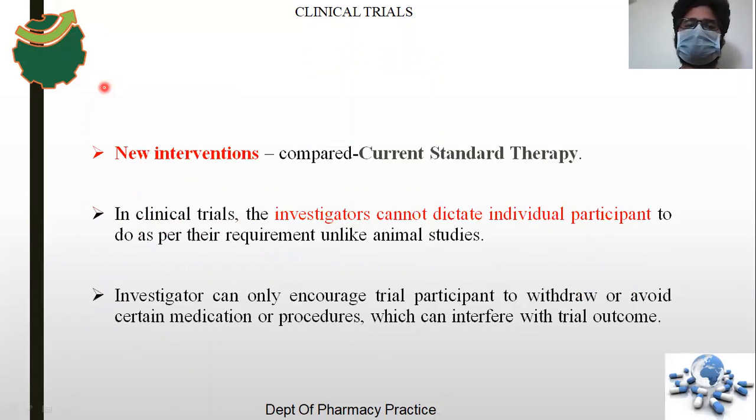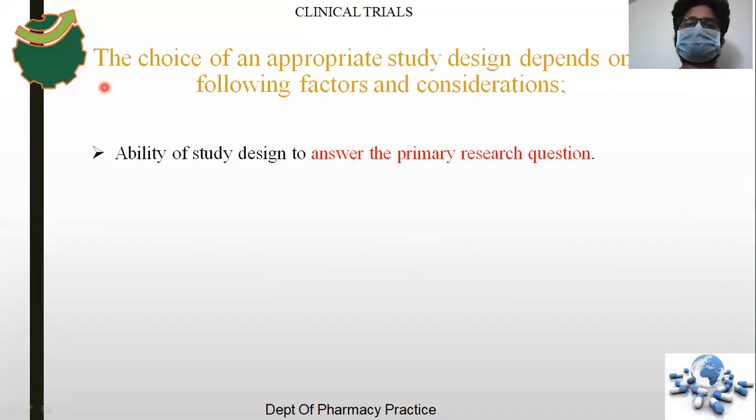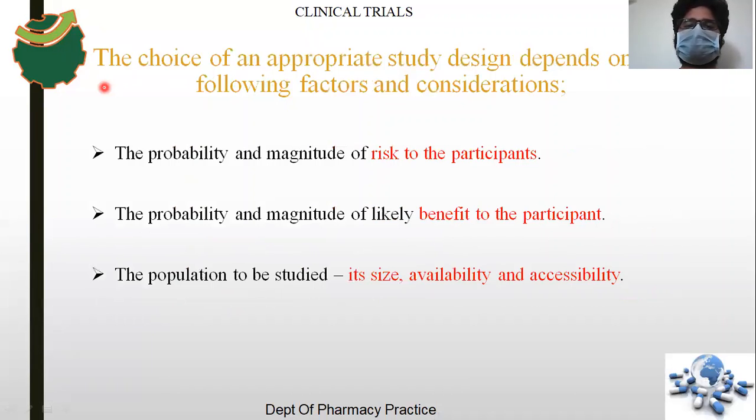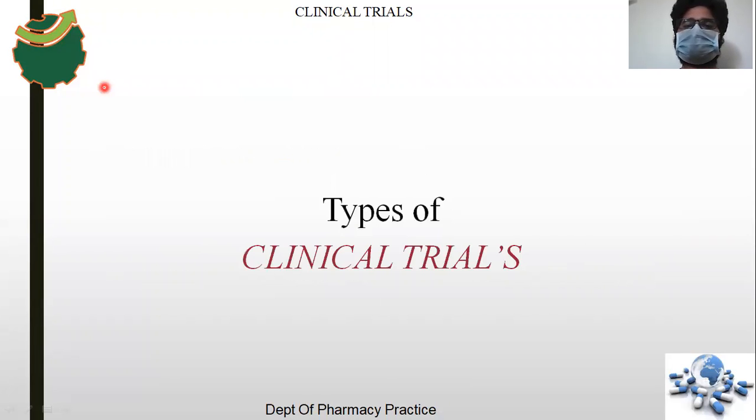Next, we have seen the interventional group, control group, important factors to be considered in clinical trials, and study designs. So today's class we'll be seeing the types of clinical trials and phases of clinical trials.